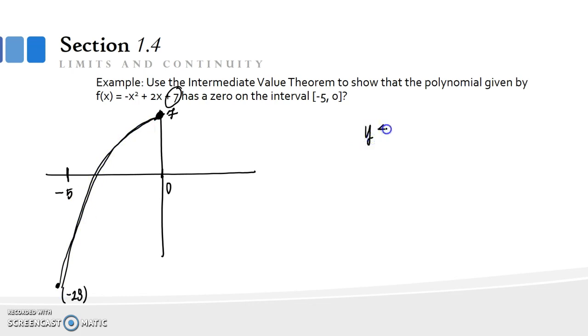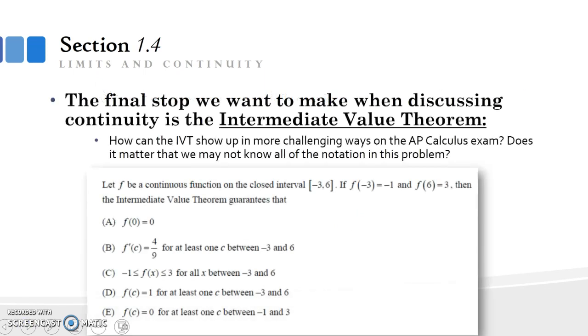So all of my y values are going to be in between these two numbers, and I'm going to meet every single value in between, because there's an infinite number of points going from negative 28 to 7. So because it has to pass through all of the values, there is definitely going to be at least one 0, because I can't get from negative 28 up to 7 without passing through 0. That's what the intermediate value theorem tells us.